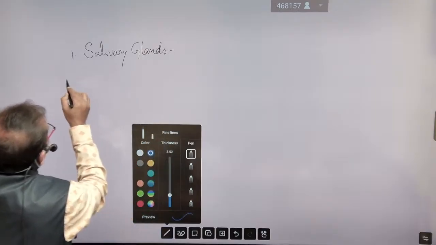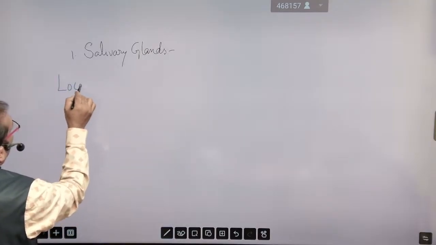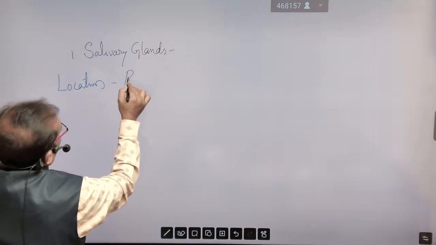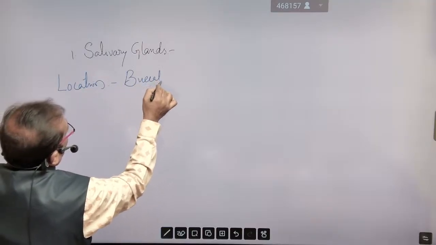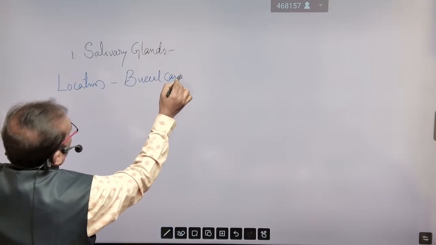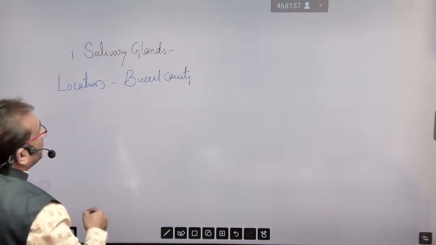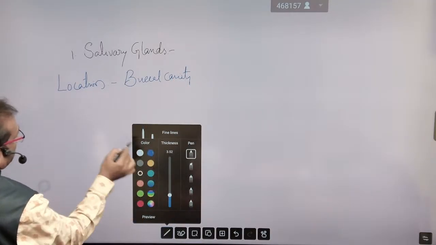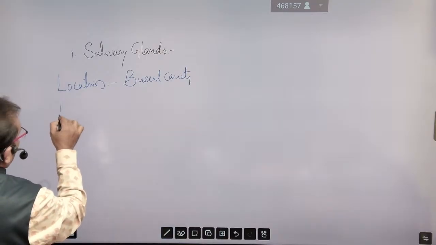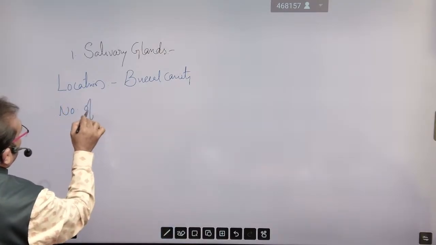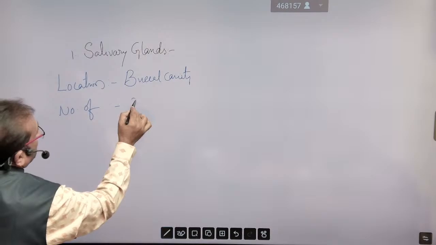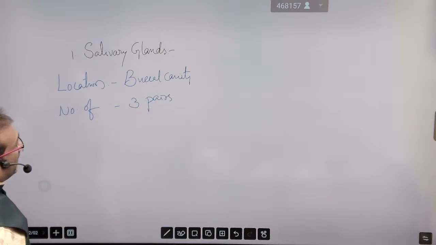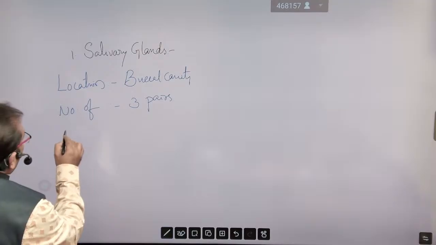Location: buccal cavity. Within the buccal cavity, how many are there? The number of glands: there are 3 pairs of glands.